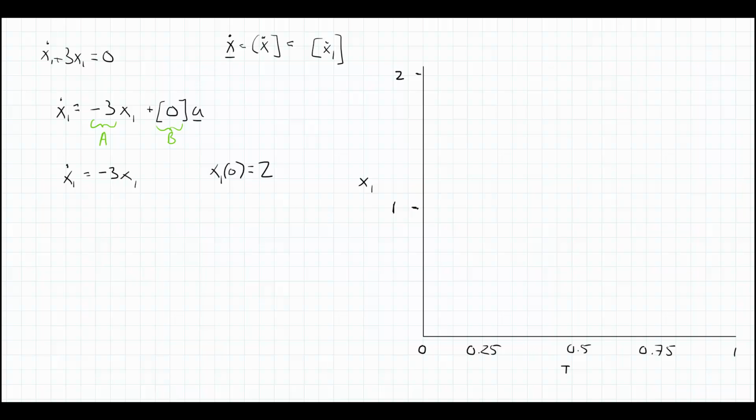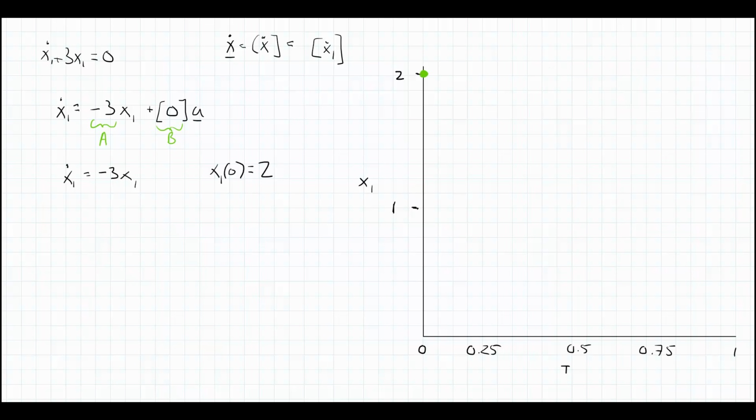Okay, so let's begin our Runge-Kutta method. What we do is we have to use that initial condition first. So we know at time 0 seconds that our value of x or x1 is 2. So I'll mark that up here. Now I have my value at time 0, so this will be my initial or my current position.